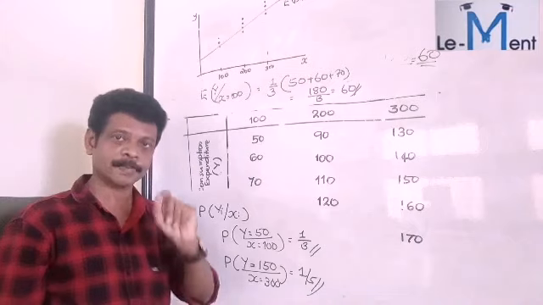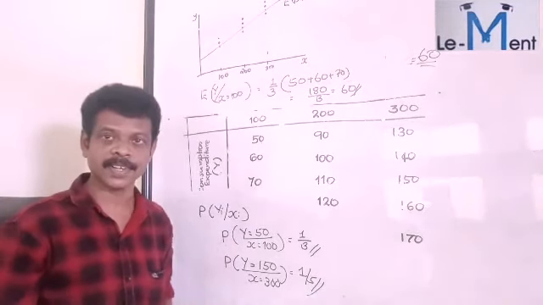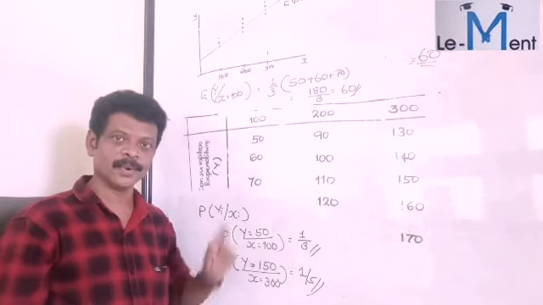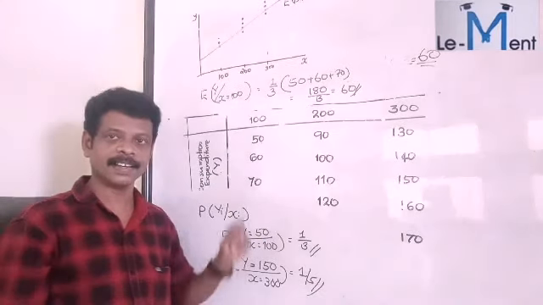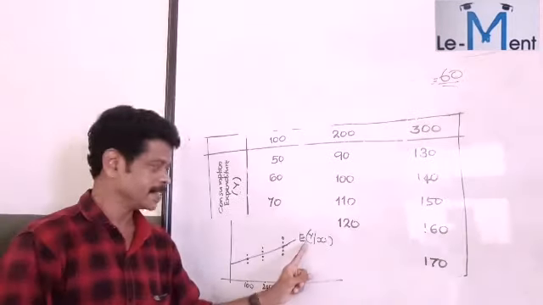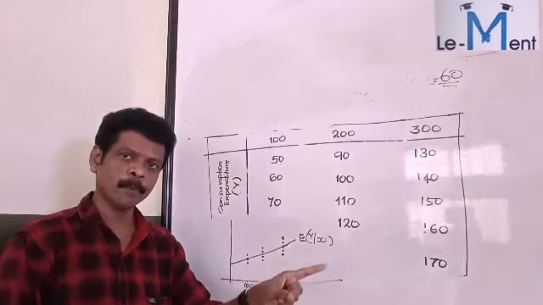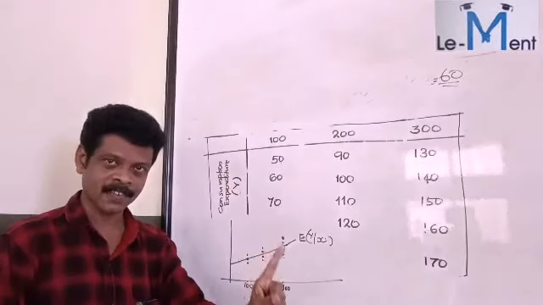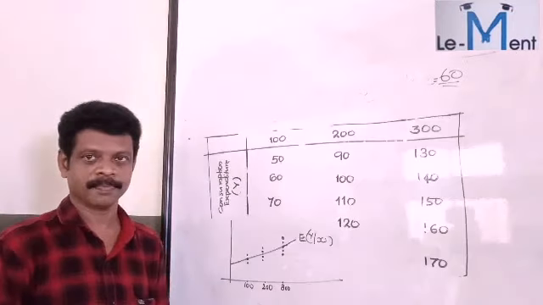This line, E of y given xi, is known as the population regression line, or the regression curve, or the regression line of y on x.